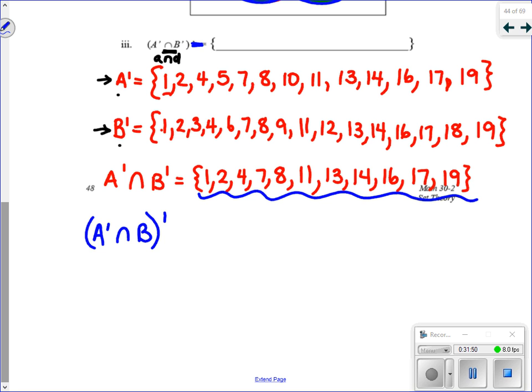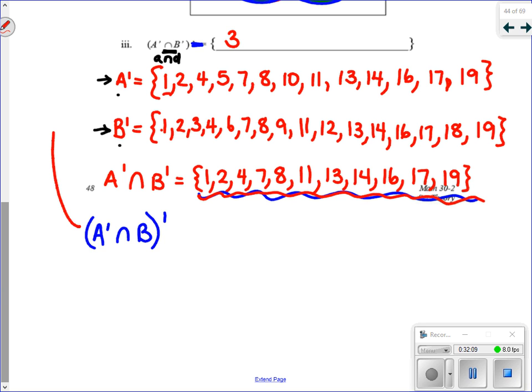It's in the universal set, but it's not in this. So what numbers would be left then that are in the universal set, but not in A prime intersect B prime? 1, 2, 3.